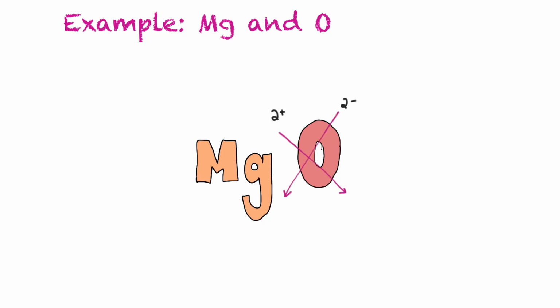So the 2's come down, so it would end up being Mg2O2 if we rewrote it. We can reduce that down because both of those numbers could be divided by 2. So the chemical formula for magnesium bonded with oxygen is MgO.